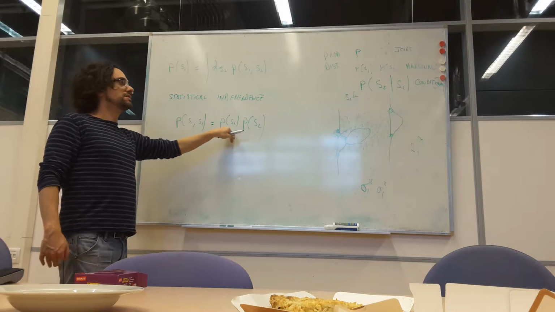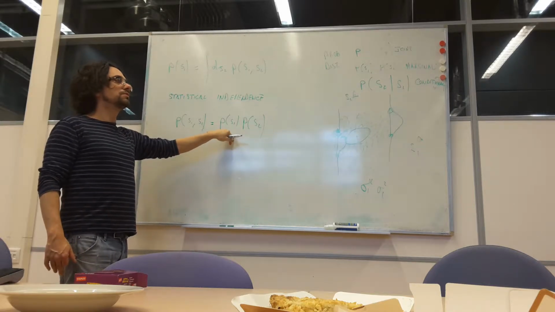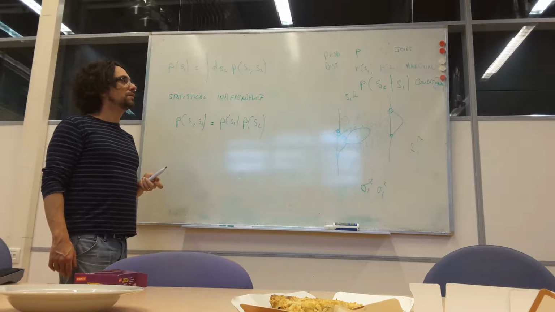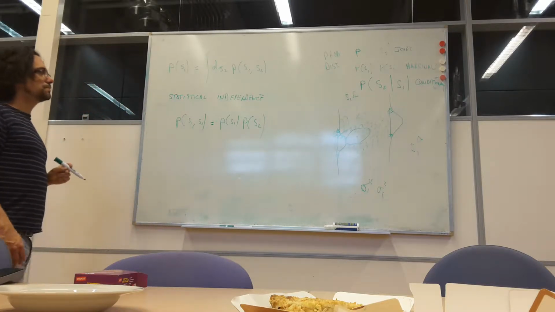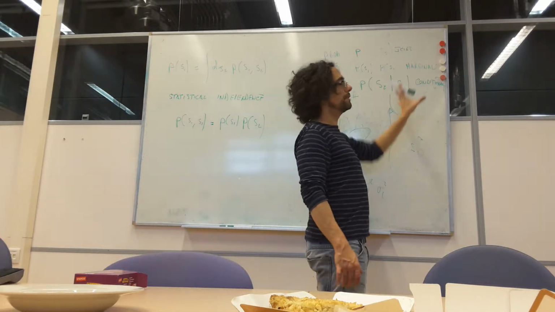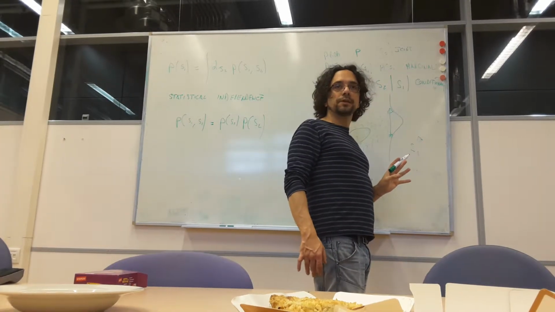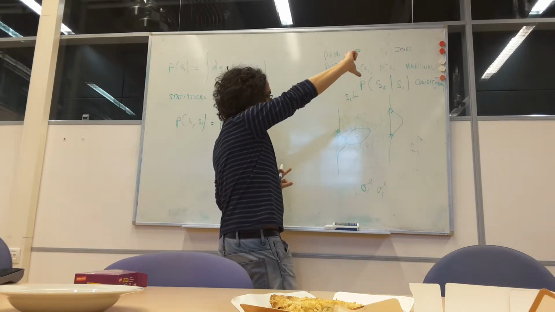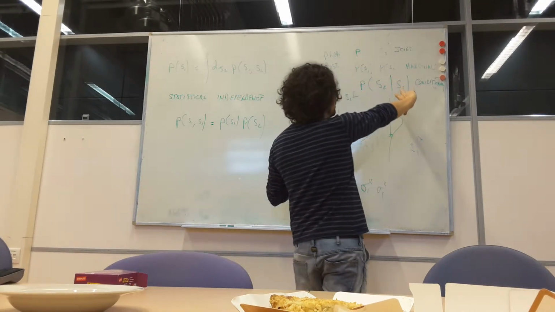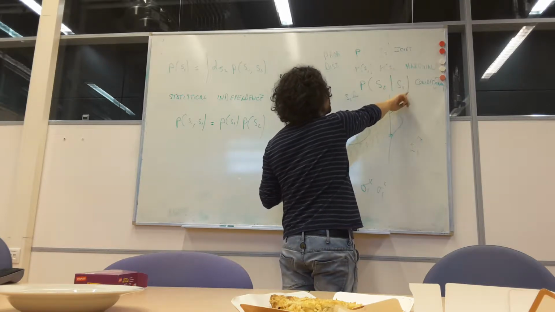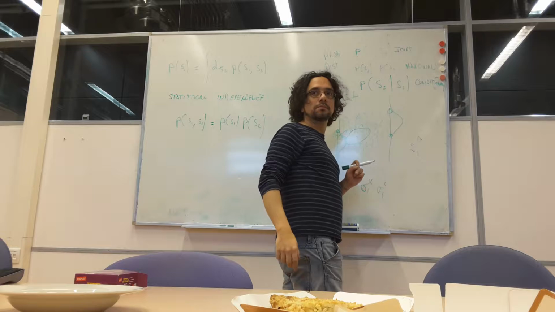Why is this the good definition? In order to understand that, you have to understand conditional probability. Conditional probability tells you that the probability distribution for S2 is a function of S1.